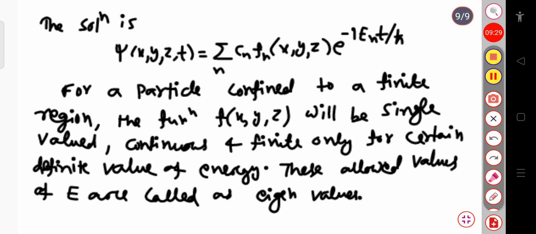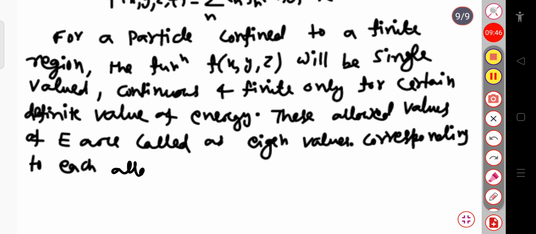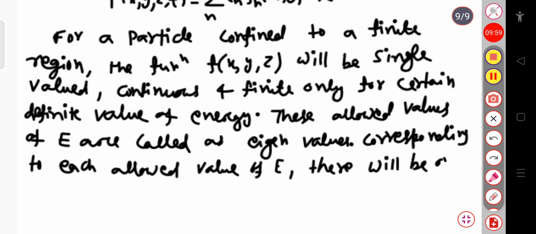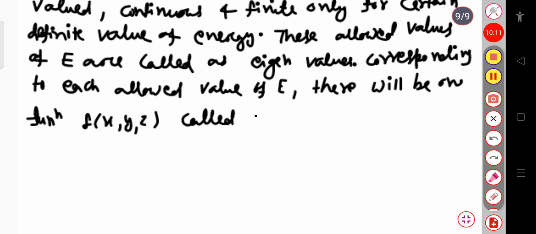Also note that corresponding to each allowed value of E, there will be one function f of x, y, z, and that is called the eigenfunction.